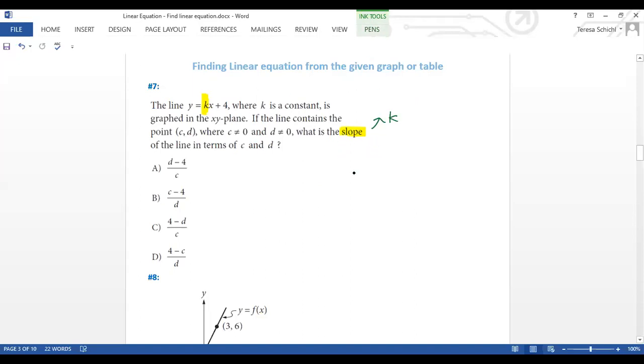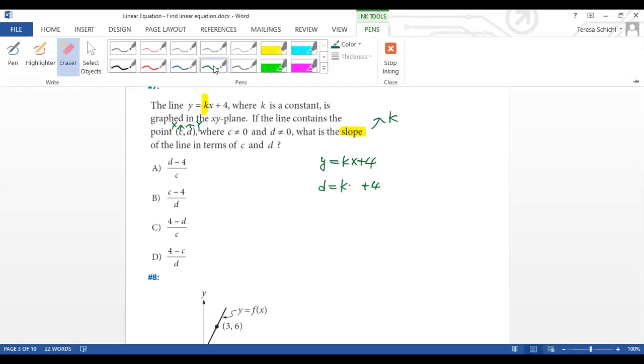So you have 2 points, the first one is always x, the second one is y. So you have d equals k times x plus 4, and what is x here? x is c.